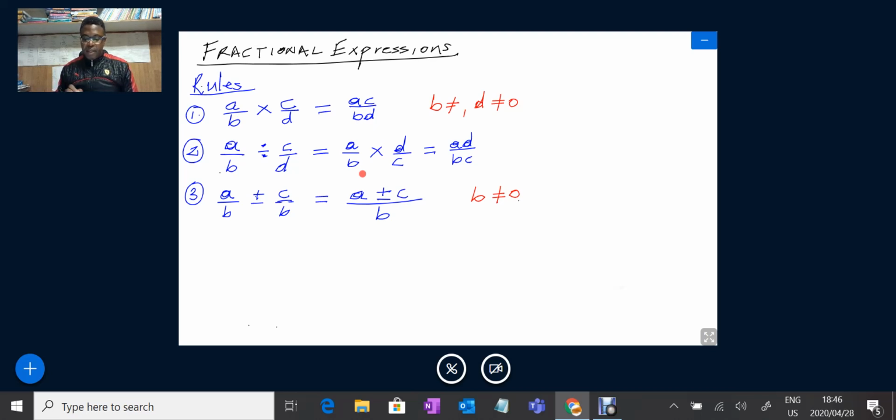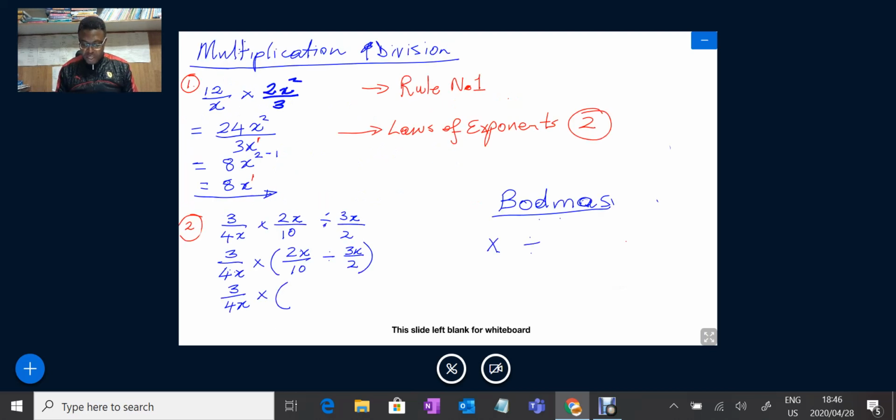We multiply. The division sign becomes a multiplication sign. So we are doing the same thing here. This sign is going to become a multiplication sign. So I am multiplying by 2 over 3x.